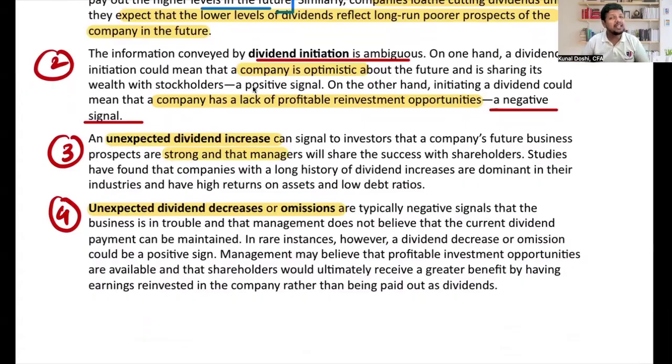Therefore, they have taken the strong position of increasing the dividends, right? Studies have found that companies with a longer history of dividend increases are dominant in their industries. Therefore, you will see power companies, oil and gas companies, most of the government companies, they regularly pay dividends and they increase the dividends. And when they increase the dividend, that's a very positive sign.